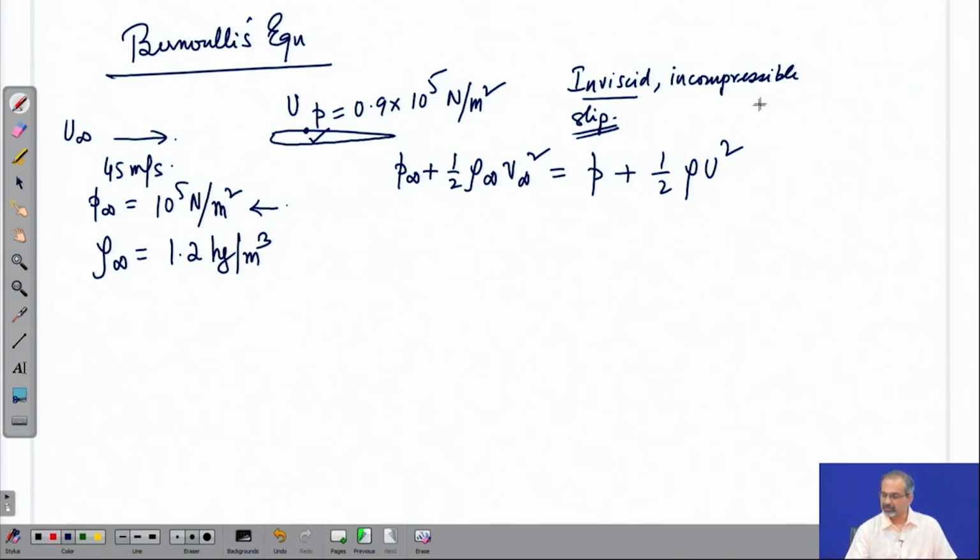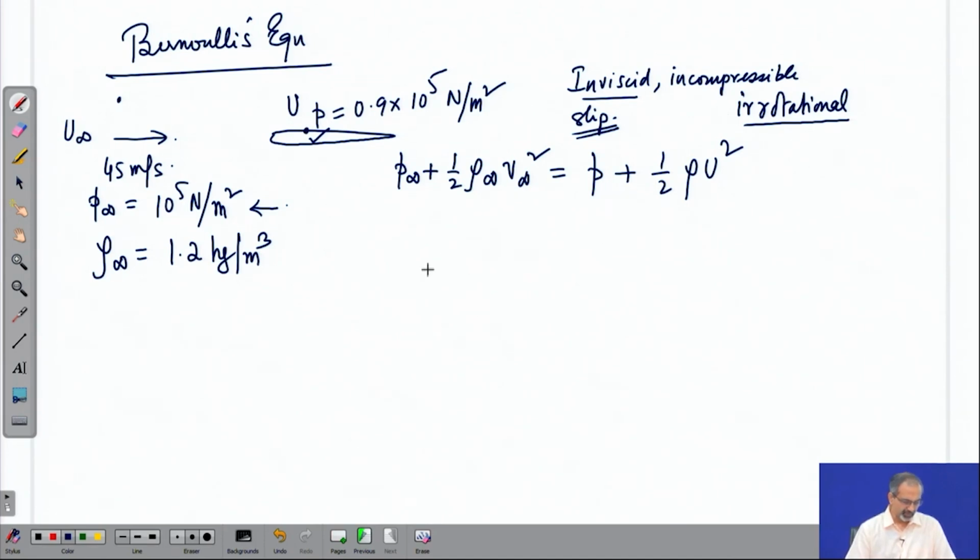And if we consider further that this flow is devoid of any rotational effects, that is, it is irrotational, then you can apply it arbitrarily between any point in the free stream and that point. Otherwise, we apply it along a streamline.